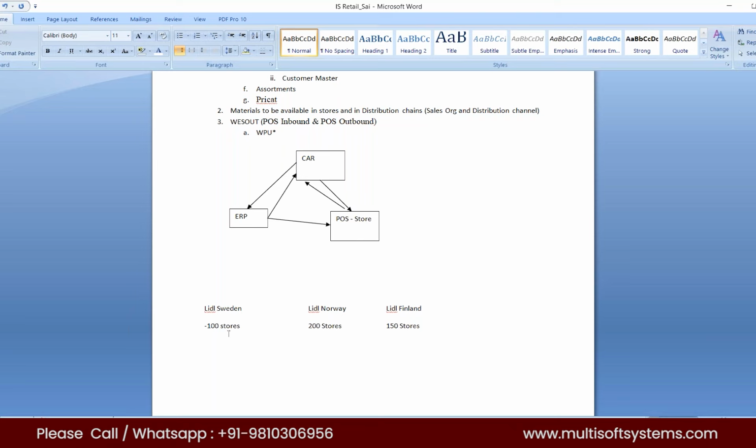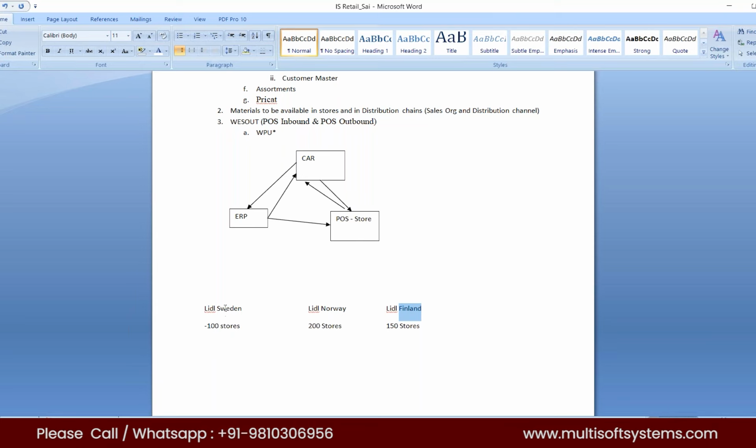And the requirement of all of these and the pricing information to be available in all of the stores in Sweden, Norway, and Finland are entirely different, right? I'm not really aware of the product names, but let's say Eco is one of the brands of milk.